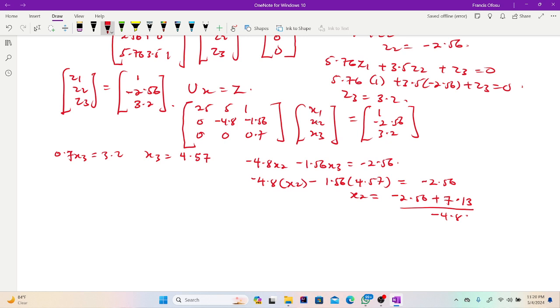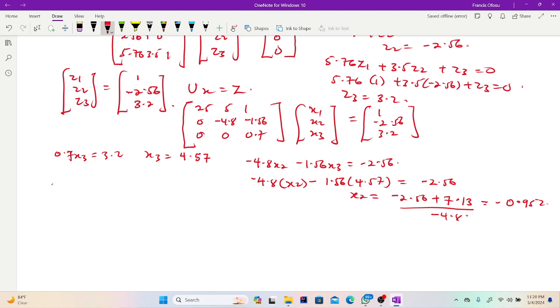So I have negative 2.56 plus 7.13 over negative 4.8, right? And this is negative 0.952. Then finally x3. What's x3?